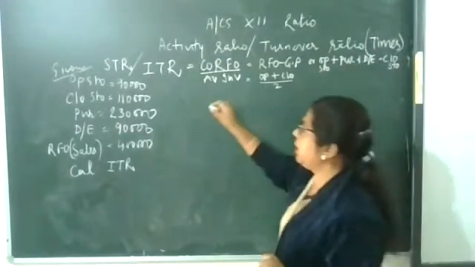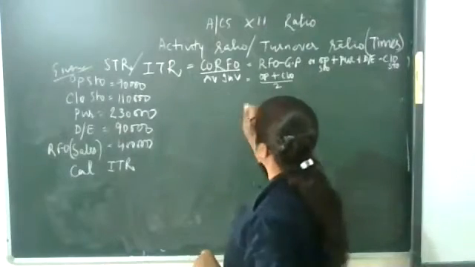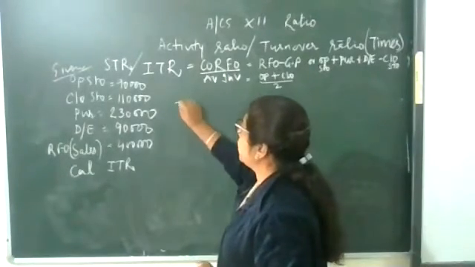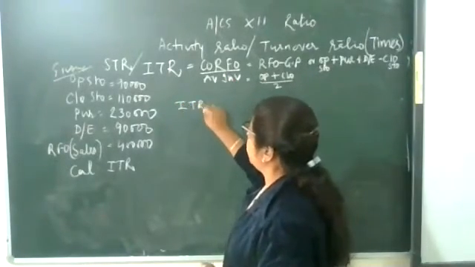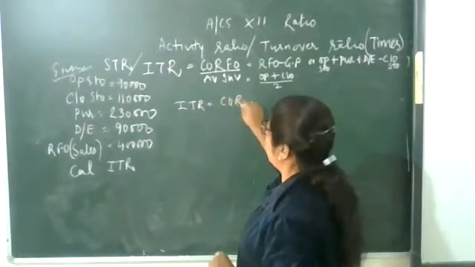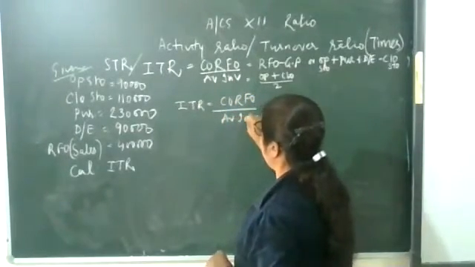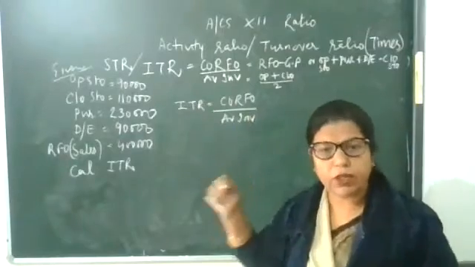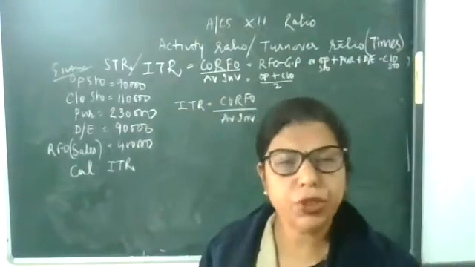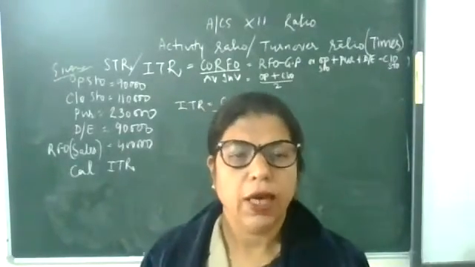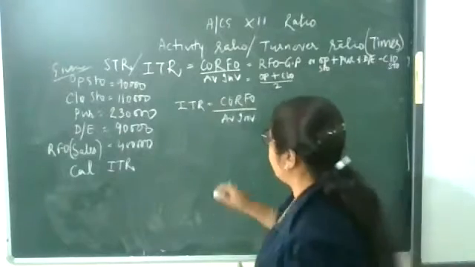Okay? So see what I am going to do. First, I have to write the formula for ITR, COGS or CORFO upon average inventory. Now leave 1 or 2 lines and show the working notes. How to calculate CORFO now?